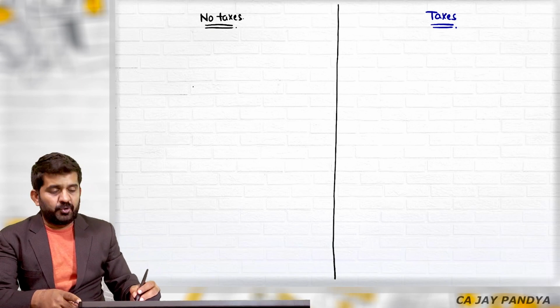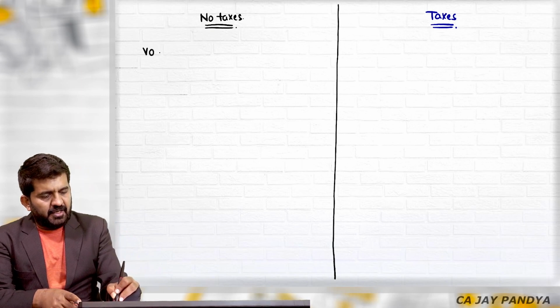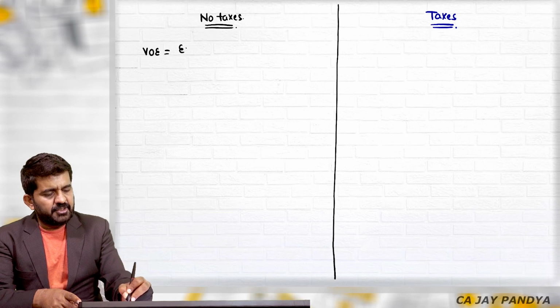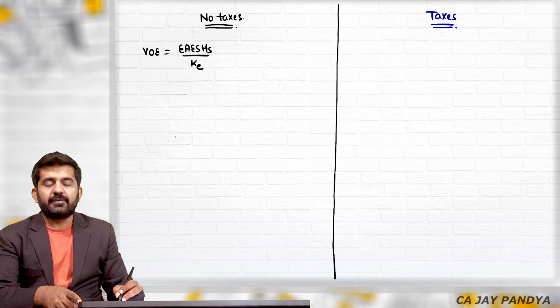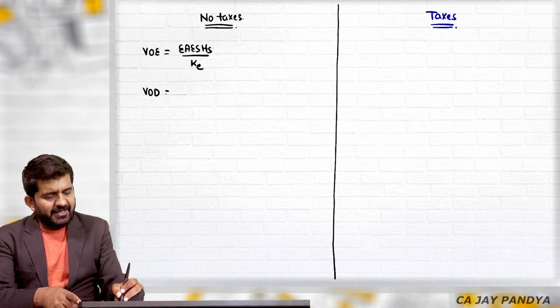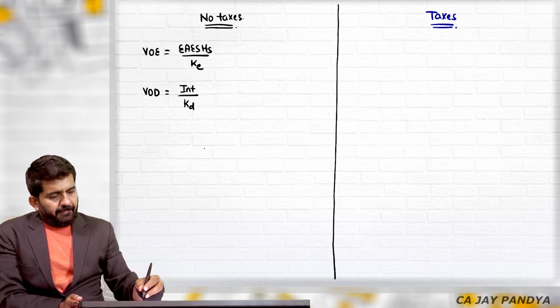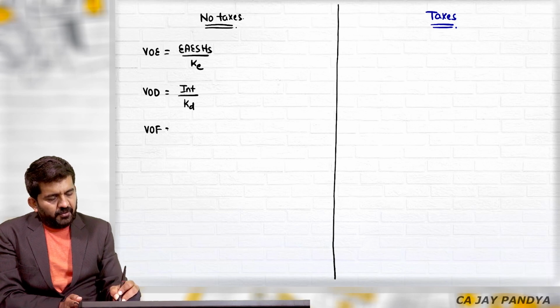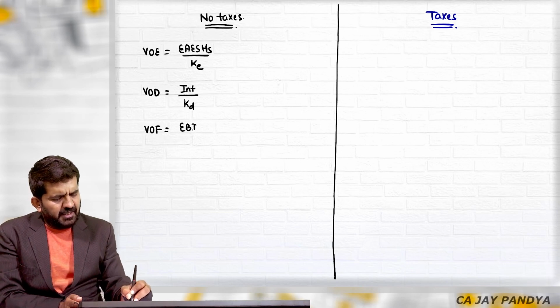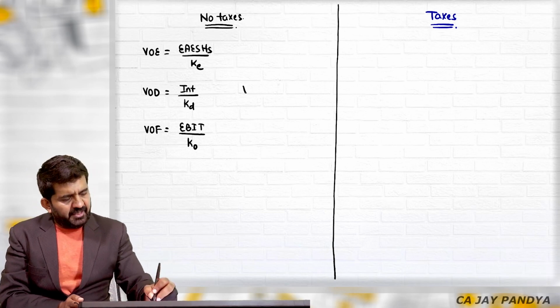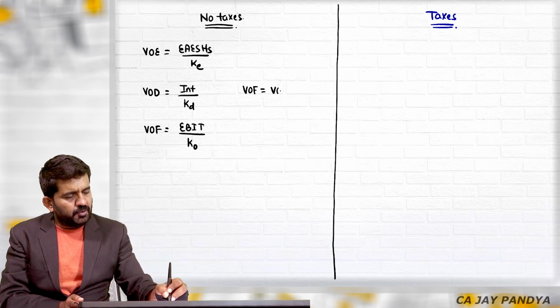Whenever there are no taxes, I can use this formula: value of equity is equal to earnings available to equity shareholders divided by KE. Value of debt is equal to interest divided by KD. Value of a firm is equal to EBIT upon KO. And we can always use value of firm is equal to value of debt plus value of equity.